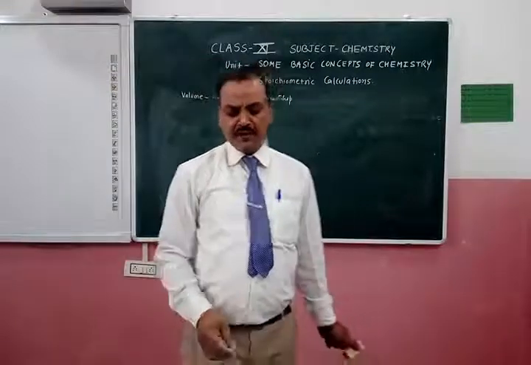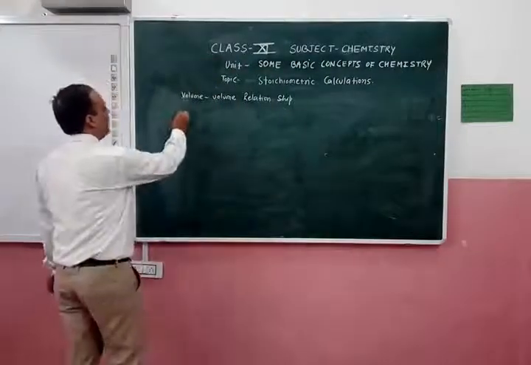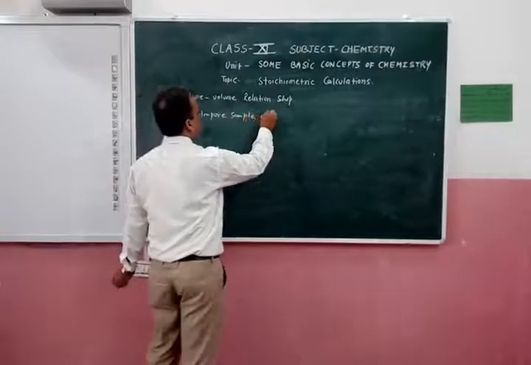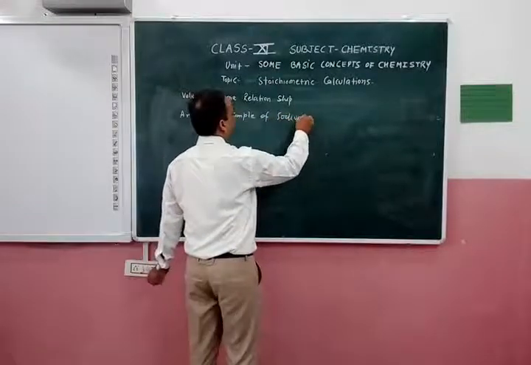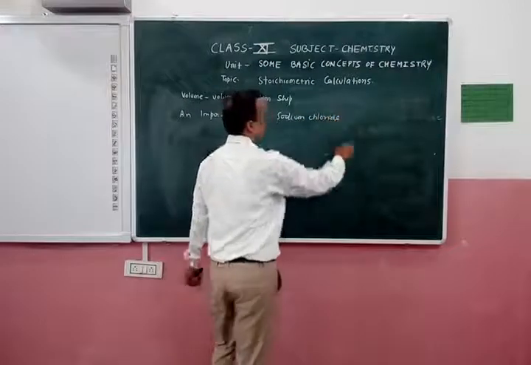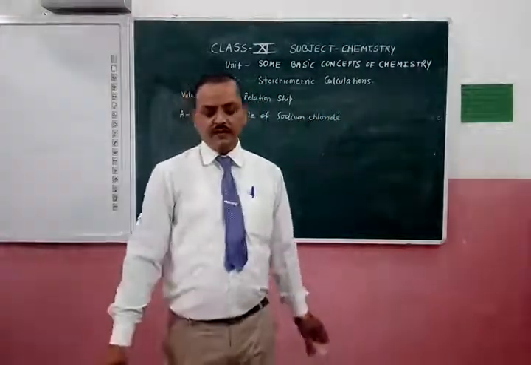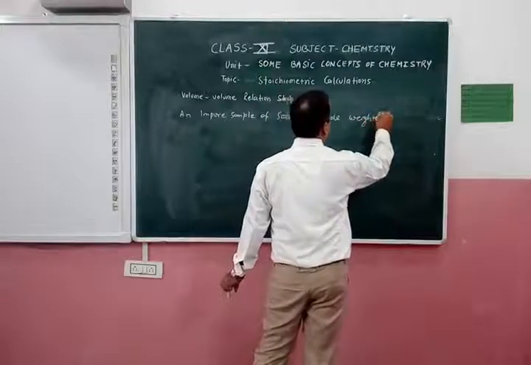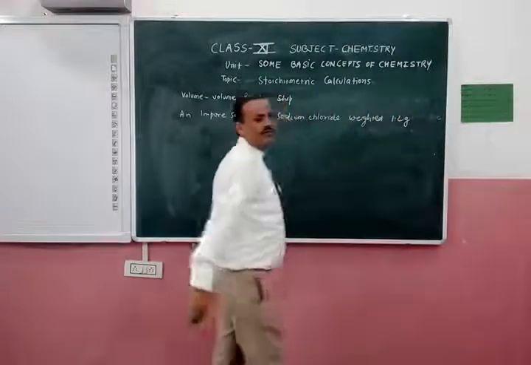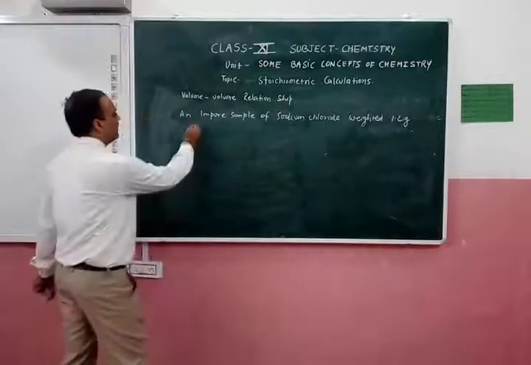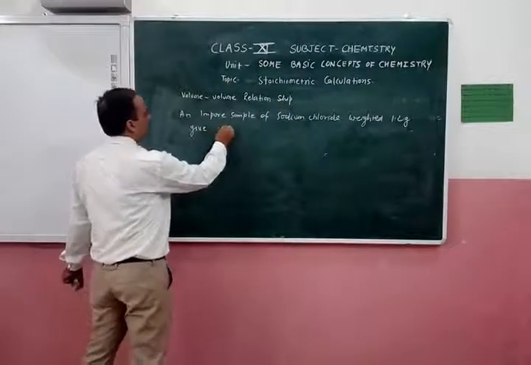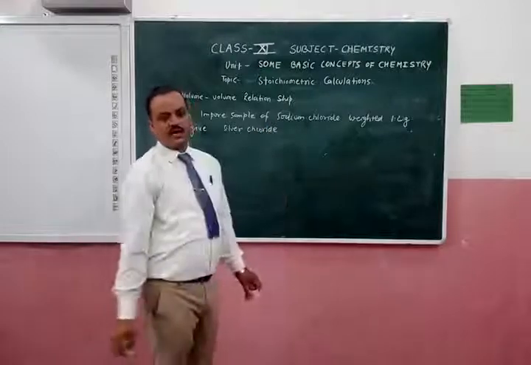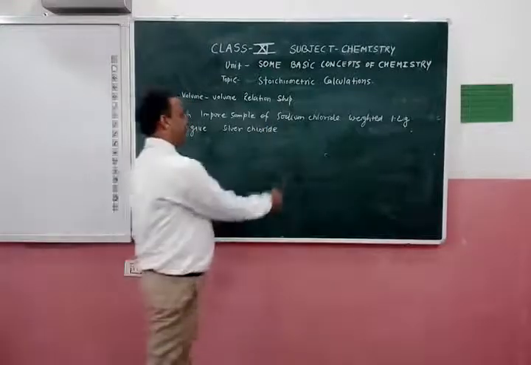Now we have a question: an impure sample of sodium chloride, weighing 1.2 gram, gives silver chloride as a precipitate.